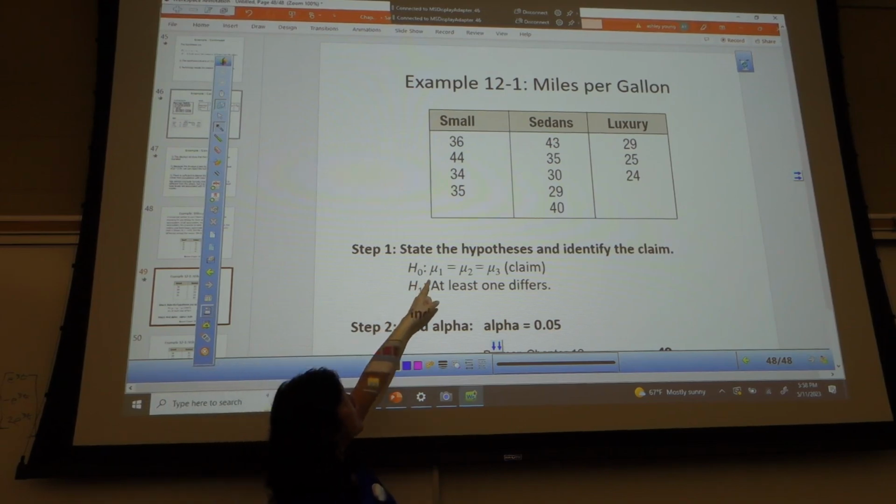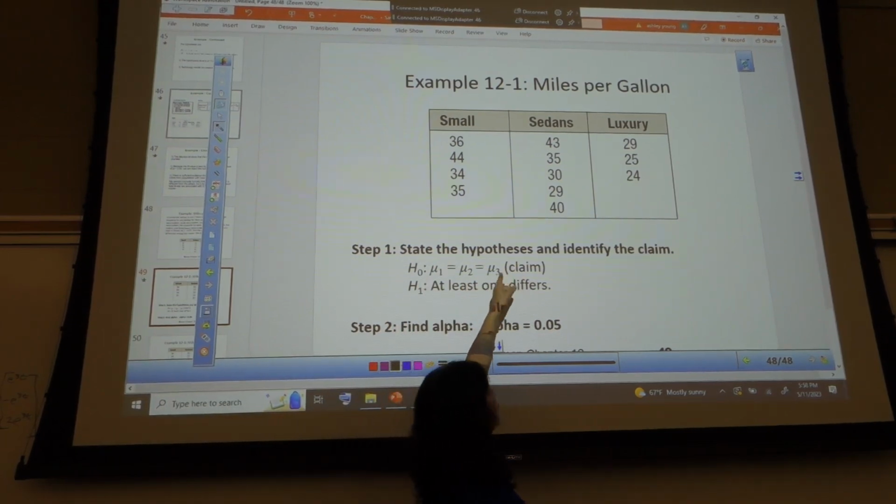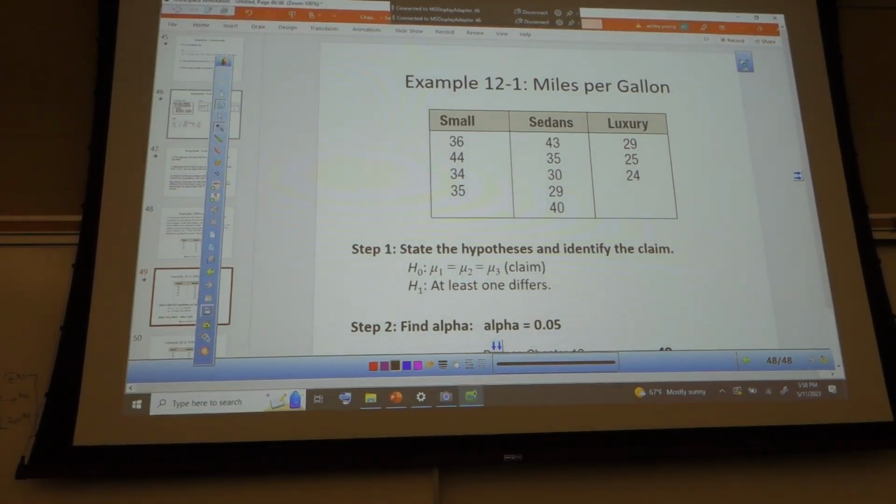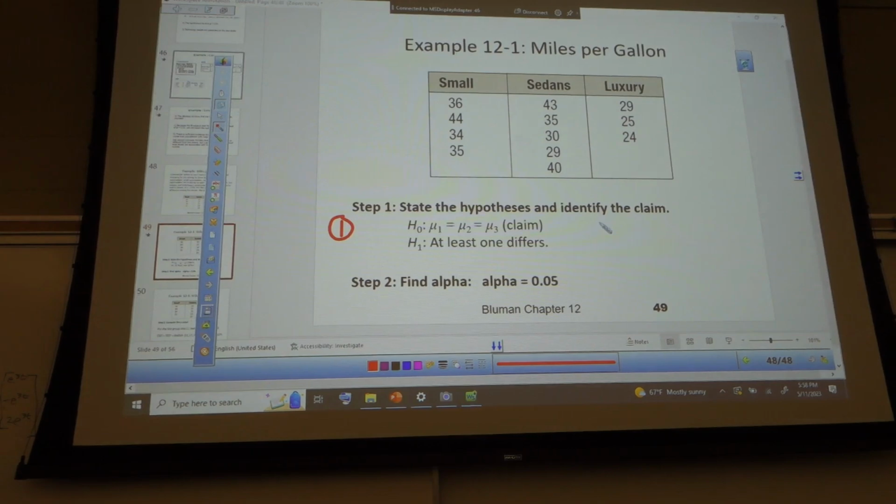My H naught is that the first mean equals the second mean equals the third mean. And then H1 would be at least one differs. Step 2, alpha, 0.05.